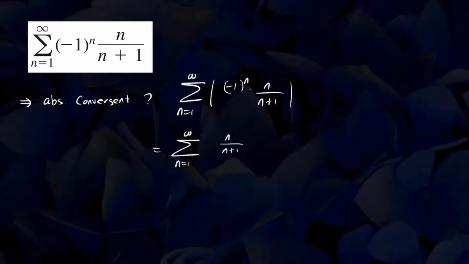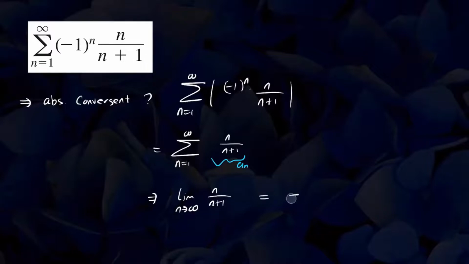Now let's take a limit of this. So I'm going to apply the nth term divergence test here. If you take the limit as n approaches infinity of your a sub n, or u sub n if you want to write it that way, this is n over n plus 1. And this limit is 1.